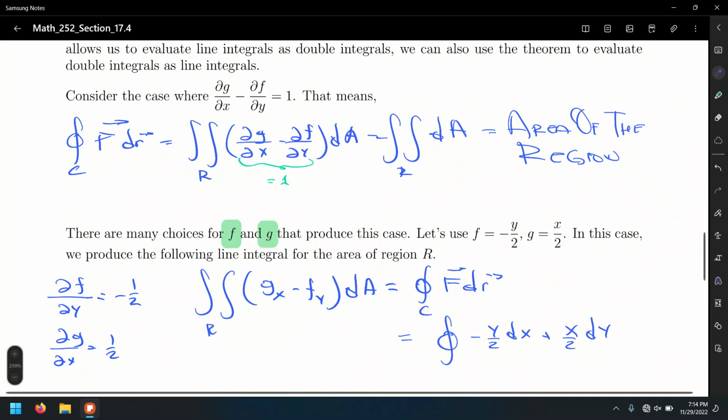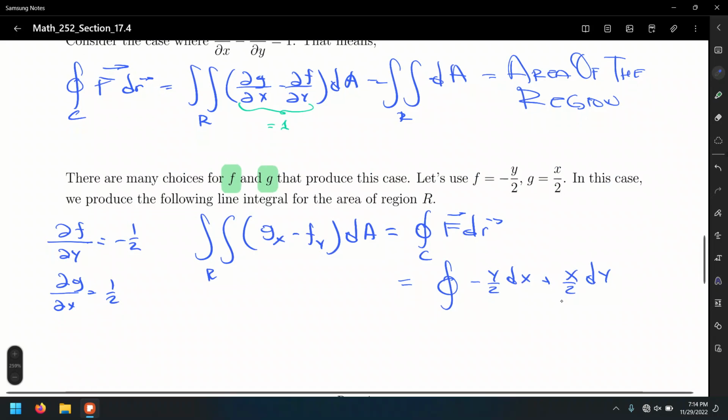So now we're going to use the other side of Green's theorem, the formula for Green's theorem. To make this more formal, notice in this case we can factor out the 1/2. That's 1/2 the integral over C of x dy minus y dx.